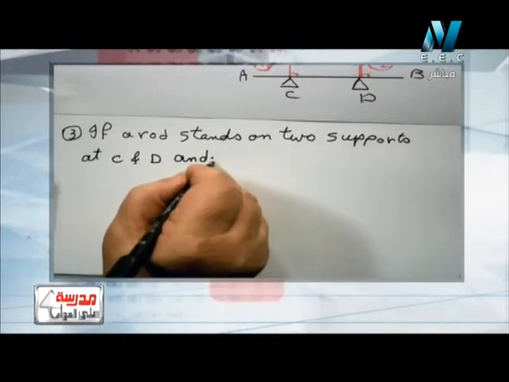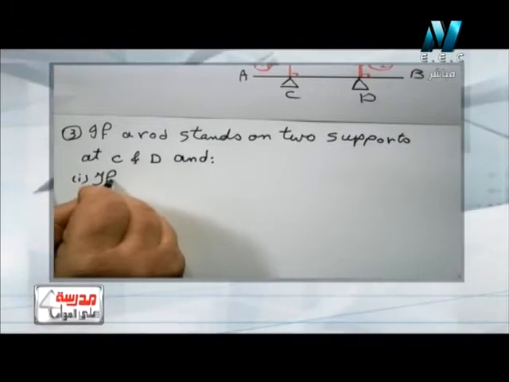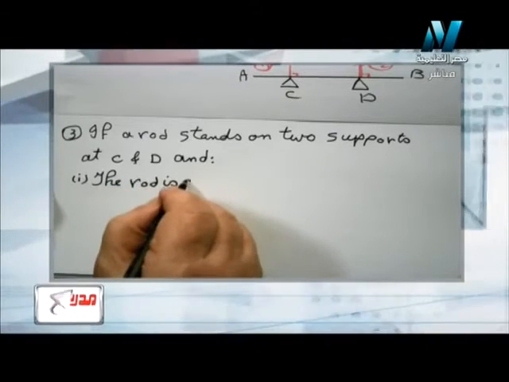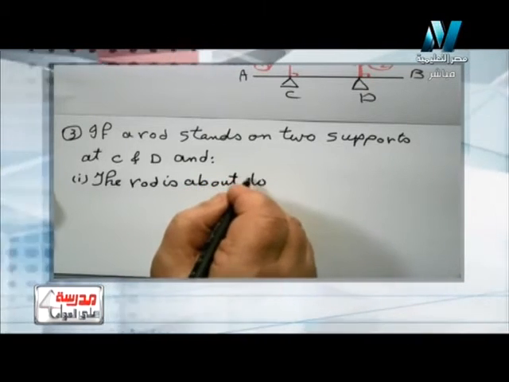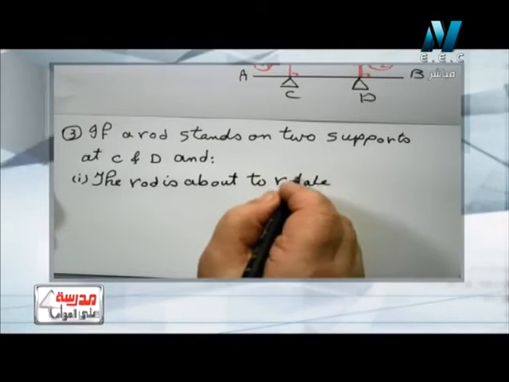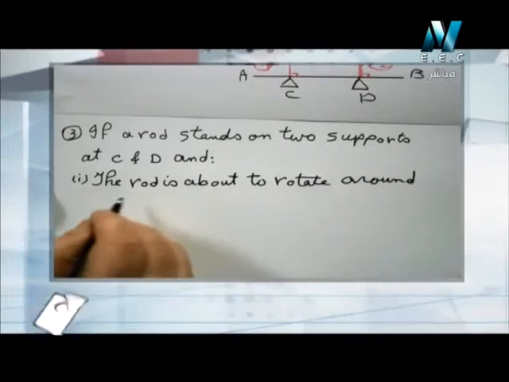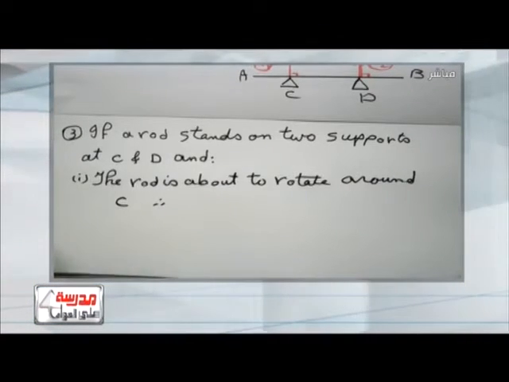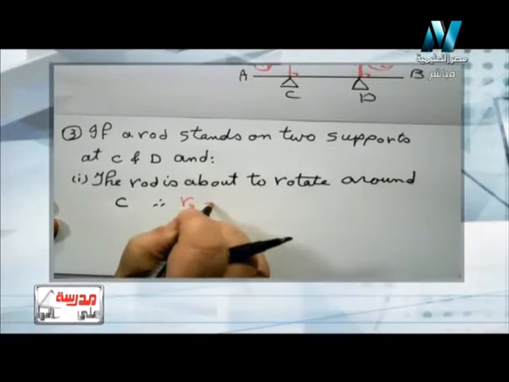If the rod is about to rotate around C, then R2 equals 0.